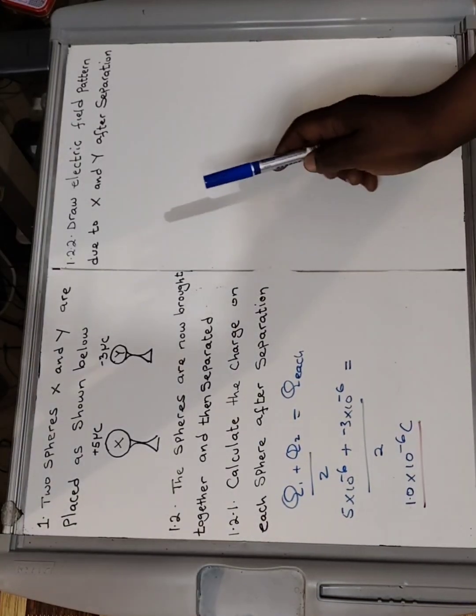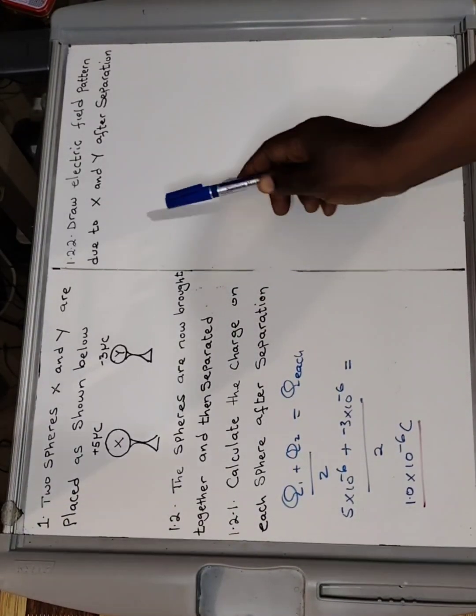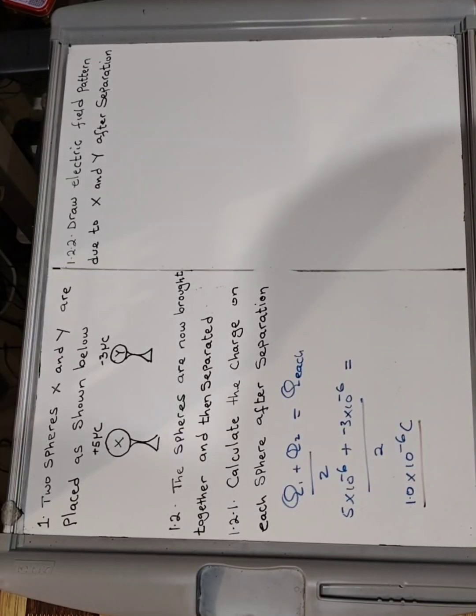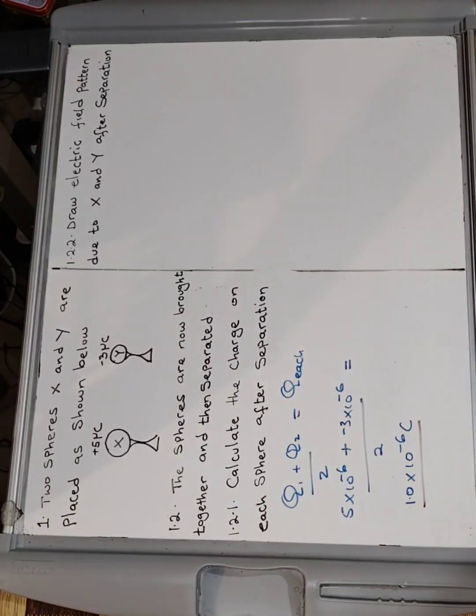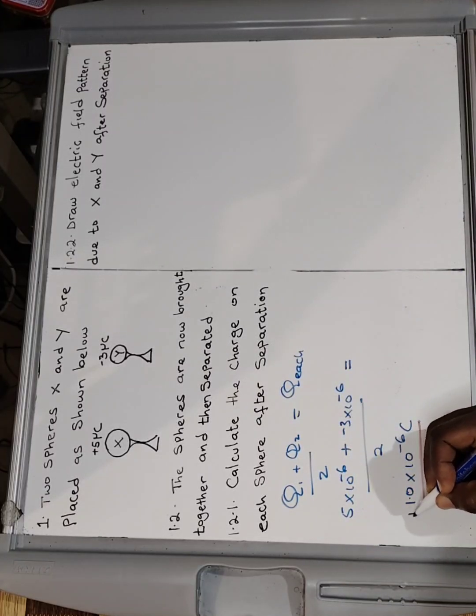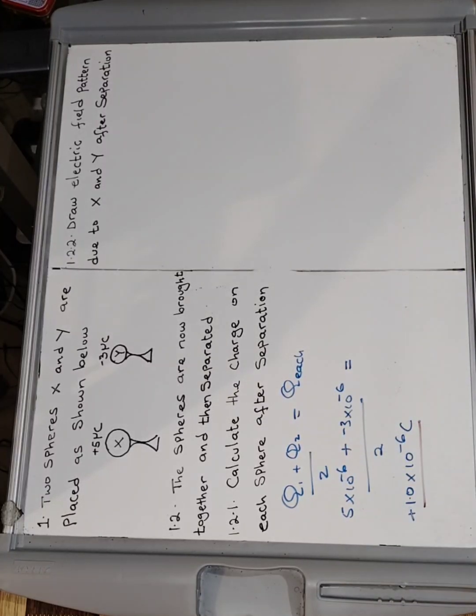The question says, draw the electric field pattern due to X and Y after separation. So this is what we have to take note of. Remember, after touching and separation, each one is now having a positive charge of 1 microcoulomb. So what are we going to draw?